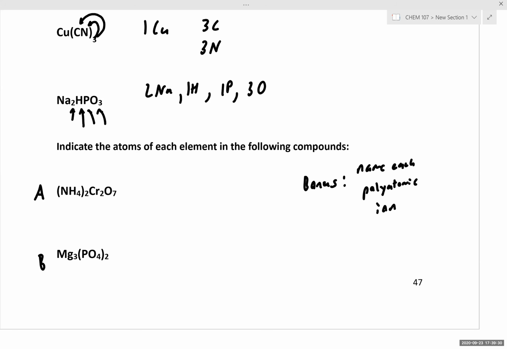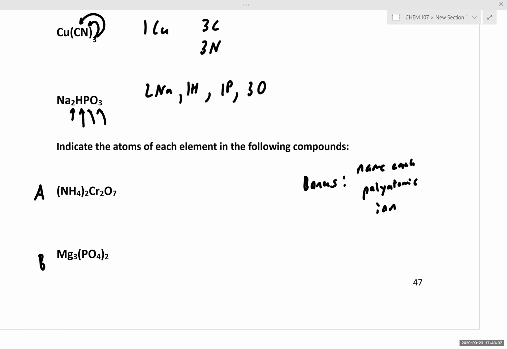So don't be shy to indicate the number of atoms of each element in compounds A and B. And as a bonus, you can try to identify the polyatomic ions. And try to break down the formula into the number of individual atoms of each element.